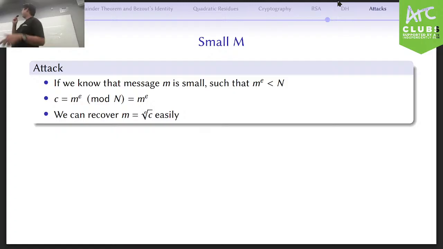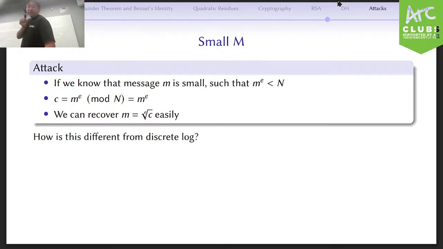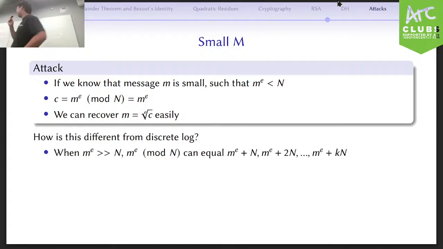Now you might be thinking, why is RSA safe in general? Why does the modulo change that much? How is this different from just discrete log? The answer to that is that normally our messages will be quite big. So when we calculate m to the power of e modulo n, our resulting ciphertext can equal m to the power of e, m to the power of e plus n, m to the power of e plus 2n.